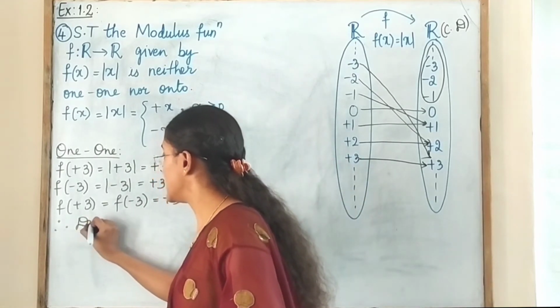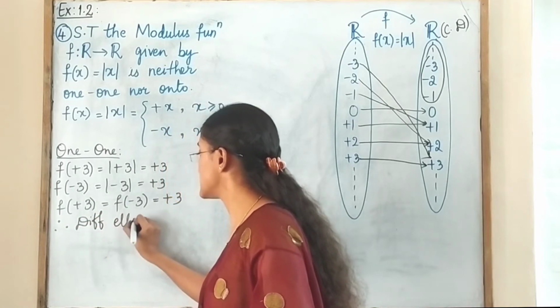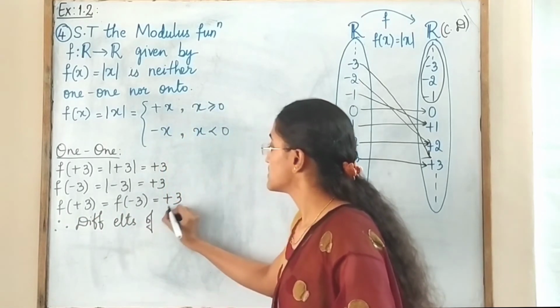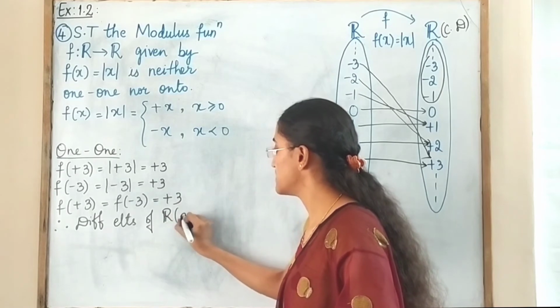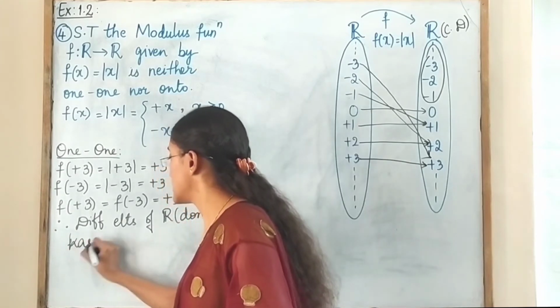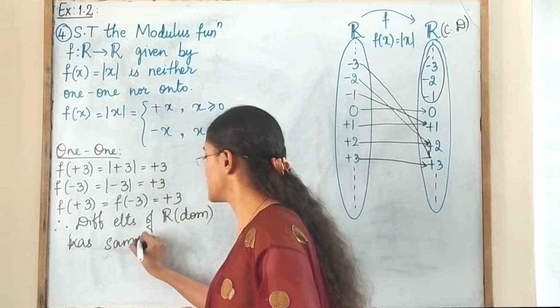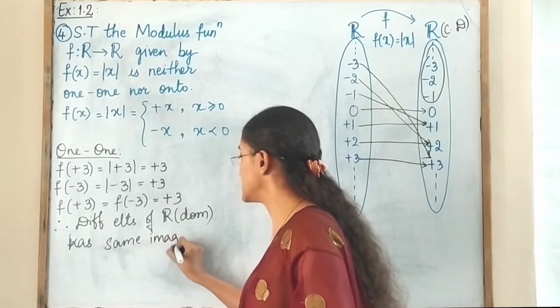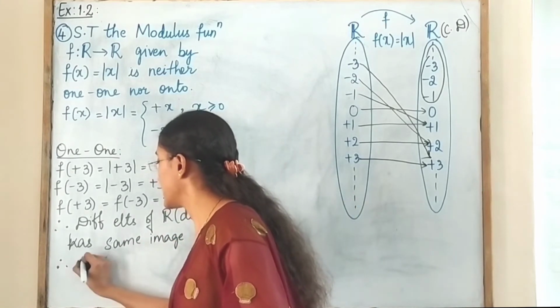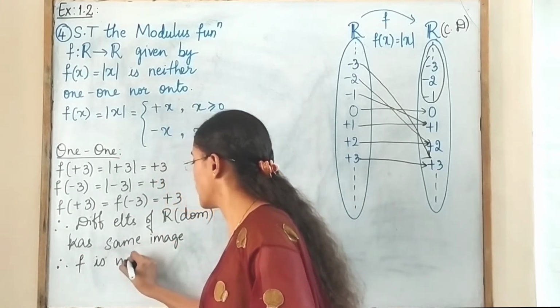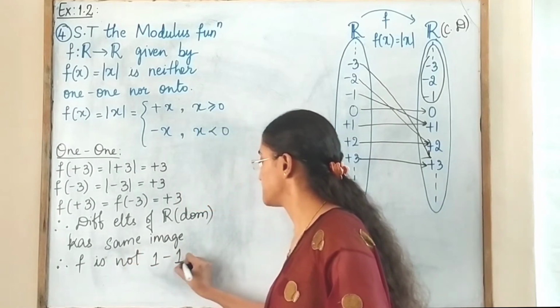Therefore, different elements of the domain R have the same image, and therefore we conclude that f is not a one-one function.